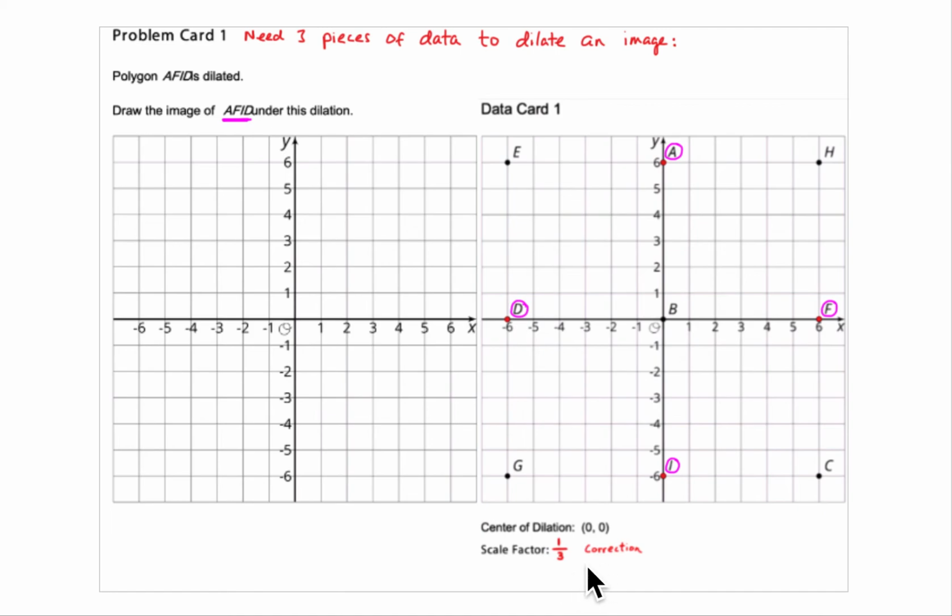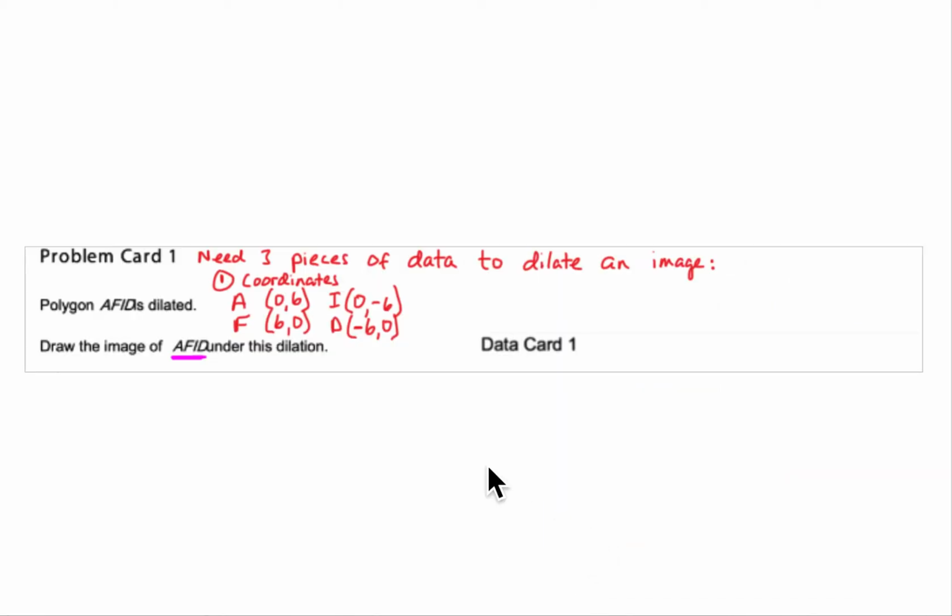And this scale factor in this problem is 1/3. I think it says 3/5, if I remember right, on one of the images that's downloaded. But the scale factor is actually 1/3. So you need to know the center of dilation. You need to know the coordinates of the points, and you need to know the scale factor. So you need 3 pieces of data to dilate an image.